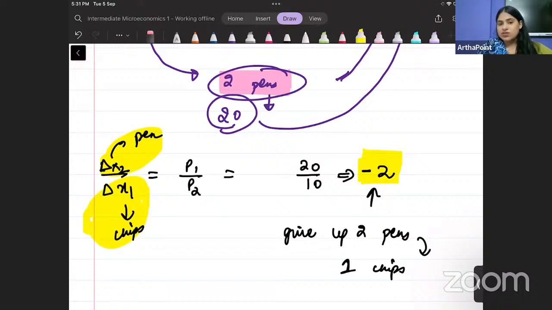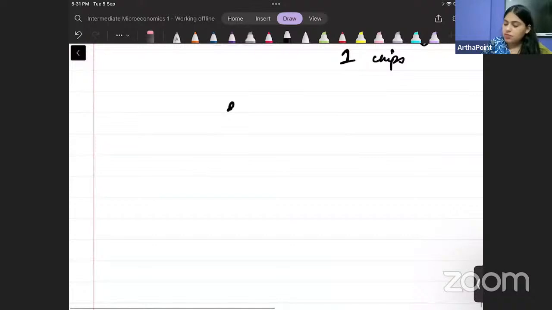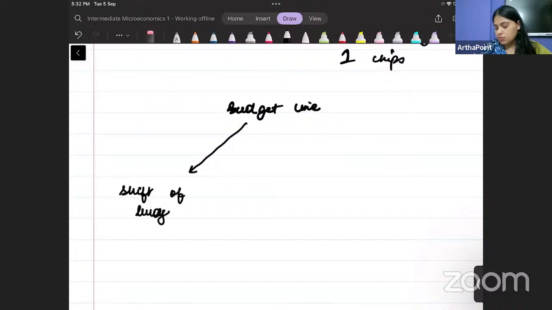Okay, now let's move forward. When I talk about the budget line, we must understand two things: one is called shift of the budget line, and the other is known as pivoting of the budget line.